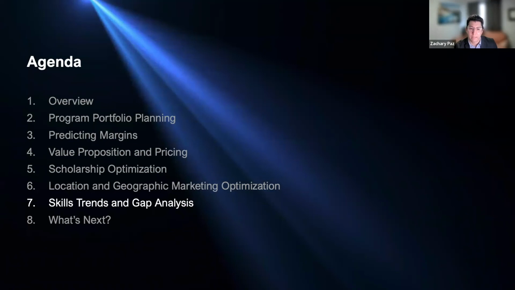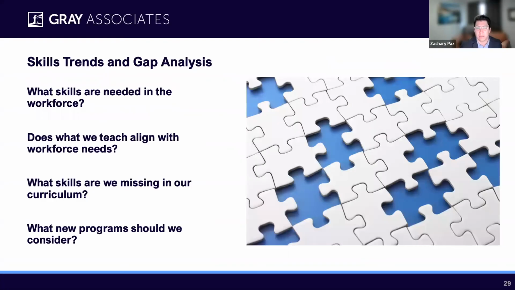And then the final topic for today's masterclass is looking at skills trends and then taking that a step further, which is understanding the potential gap between what your curriculum is and what the employment market is looking for. So when we think about this, we're really using advanced analytics to understand what are the needs in the workforce and what are they going to be, and then how does that align with what you're teaching?